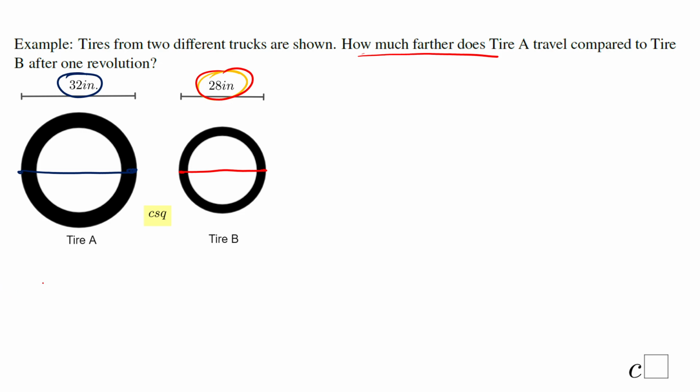So I already said what the concept here will be: circumference. So the circumference of tire A will be pi times the diameter of tire A. And that means in this case we have pi times 32, so it's going to be 32 pi.